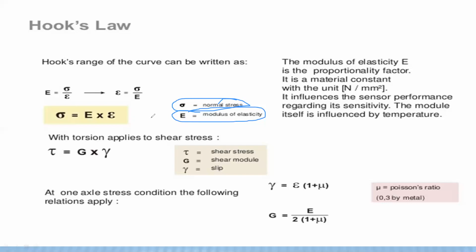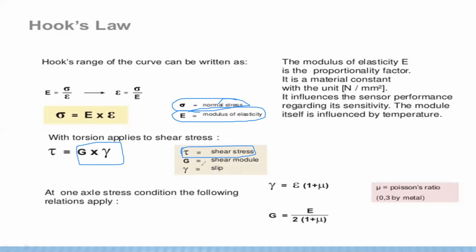With torsion applied on that body, shear stress develops. The torque developed is given by shear stress tau is equal to G into gamma, where G is the shear modulus and gamma is the slip.